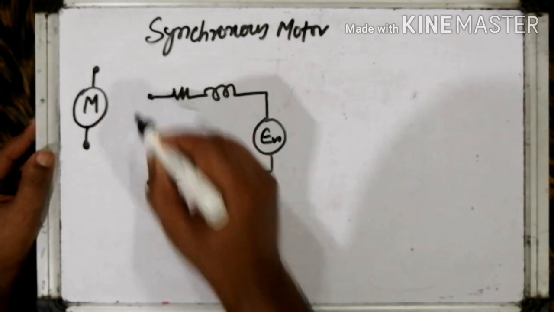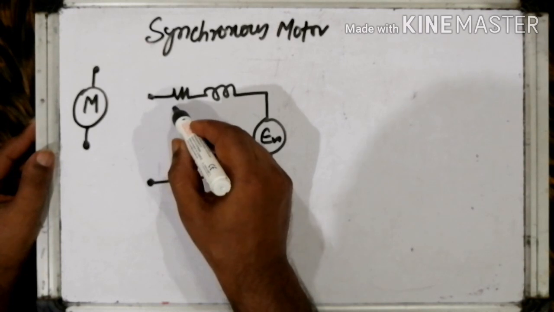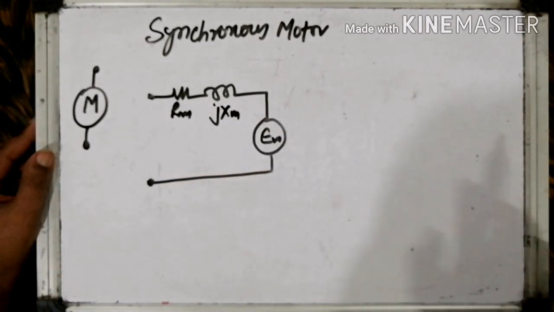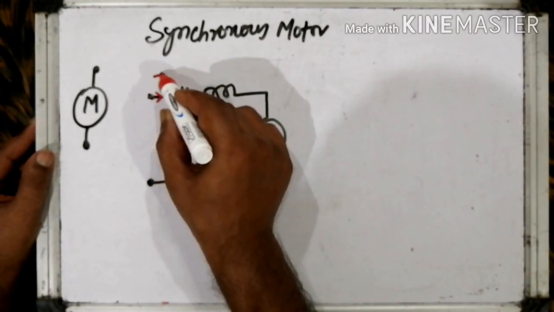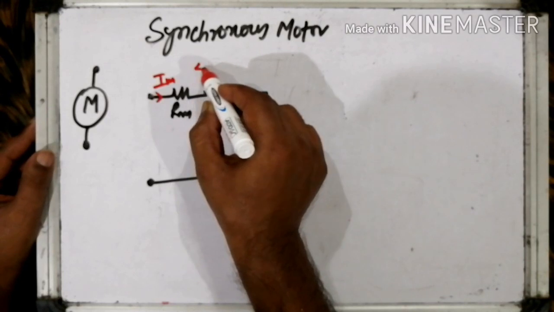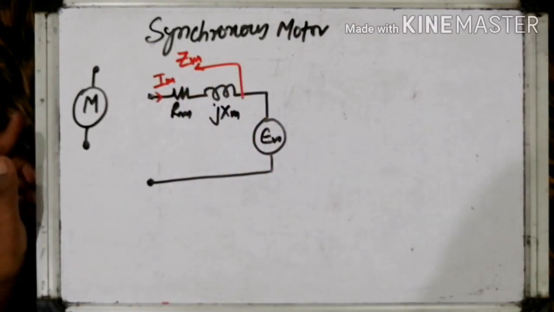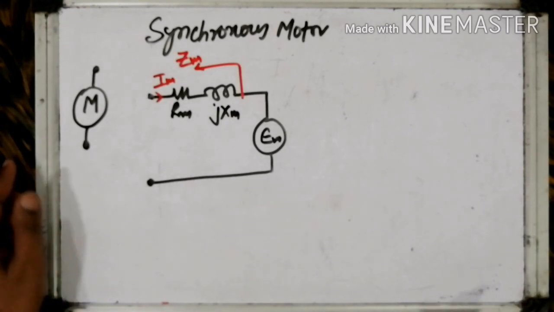This is the actual diagram of synchronous motor. This one is RM, JXM, the current given to the motor is IM. This one is the impedance part ZM. This is the actual diagram of synchronous motor.